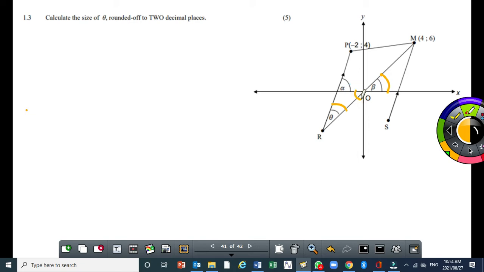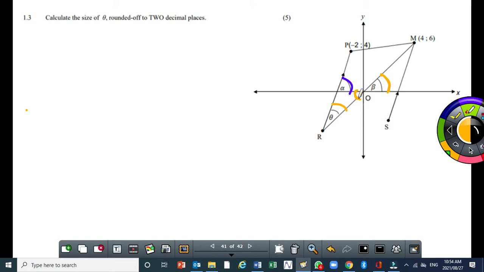Then I know the gradient of PR, so I can find the angle of inclination. This one here, the one in blue. Now alpha is going to be equal to beta plus theta. Exterior angle of a triangle. You see this beta is equivalent to this angle here.